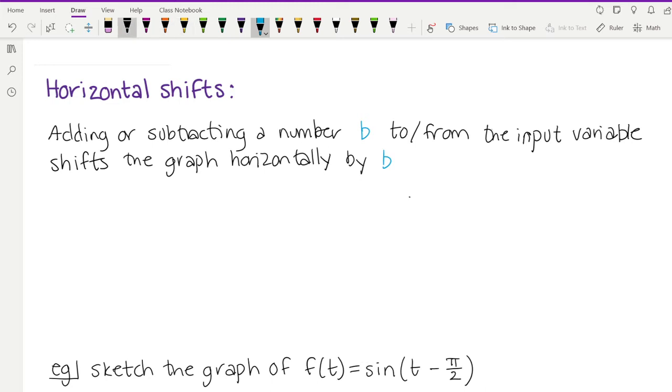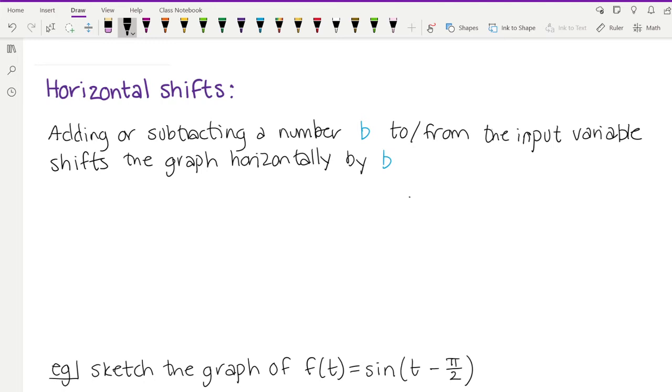And as we got into a little bit last time, it kind of goes backwards of what you'd expect. And again, if you're curious about why that is, I would definitely recommend checking out my video that I'm linking below about shifting transformations.